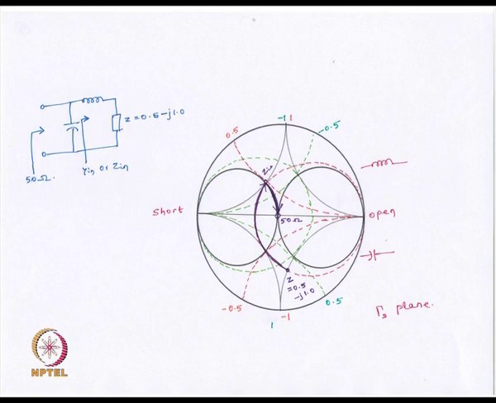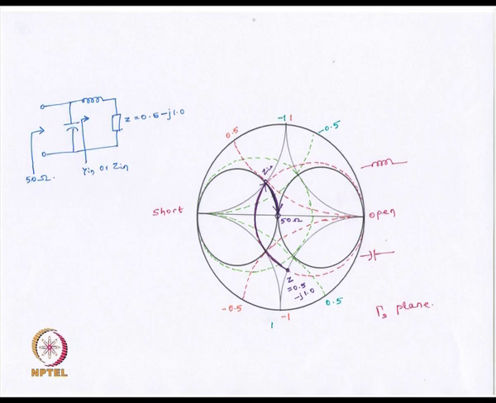Now, how much inductance do we connect here, so that we go from here to here, and which constant conductance circle do we choose here? We choose that constant conductance circle that corresponds to the real part of Y being 1, or the G equal to 1 circle.